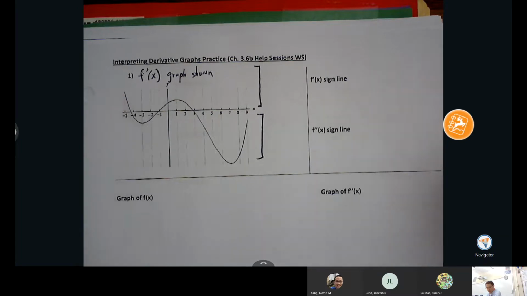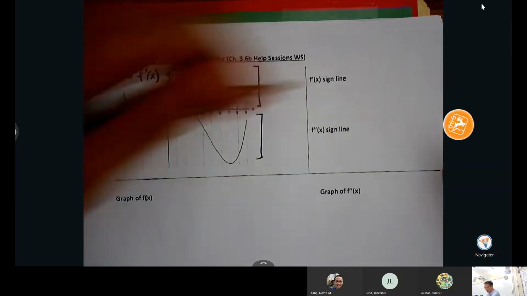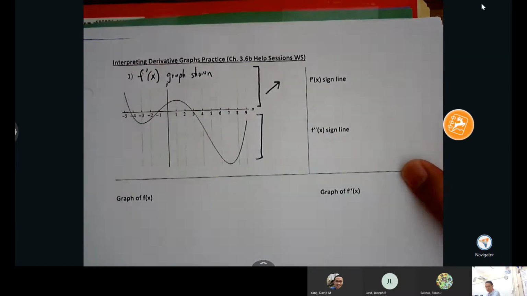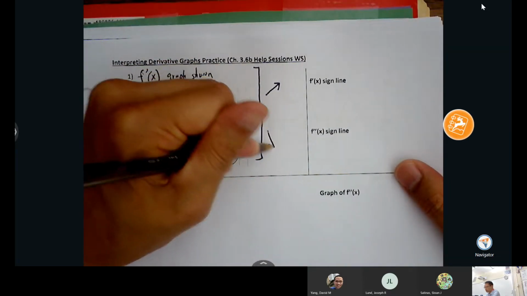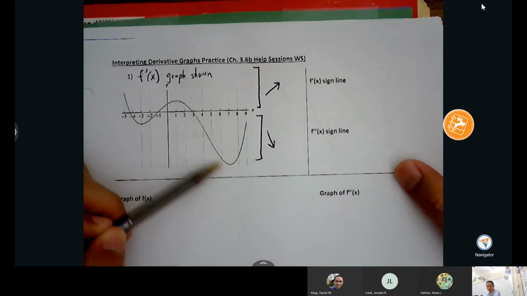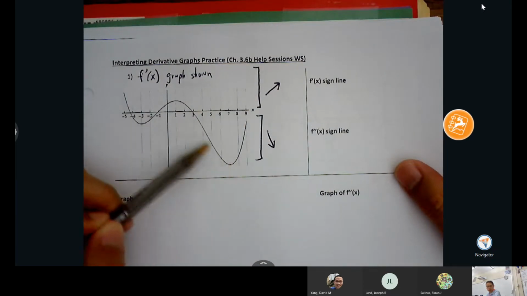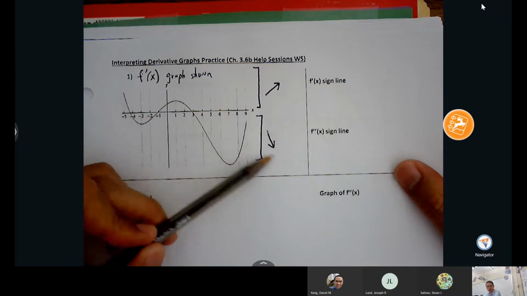So to help us remember what we're looking at, I like to indicate the actual slope value that's occurring whenever the graph is in these locations. So whenever it's below the x-axis, the actual graph is going to be decreasing.